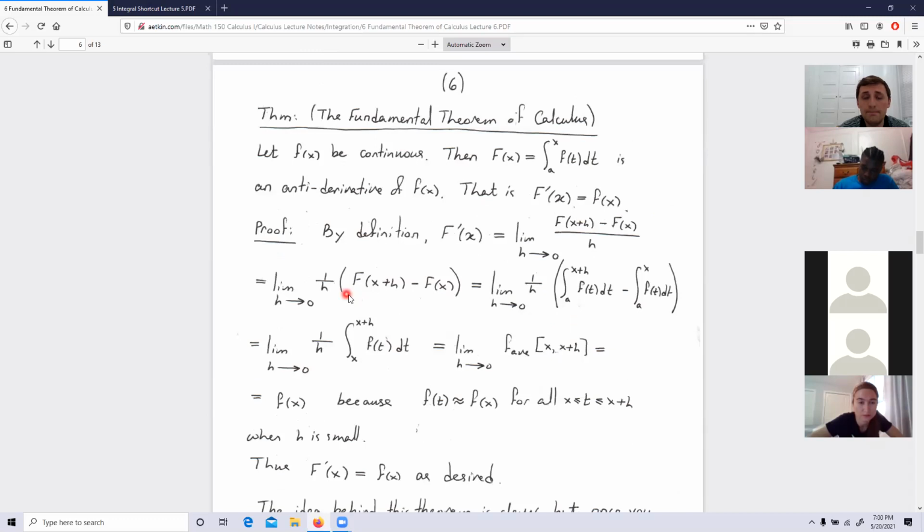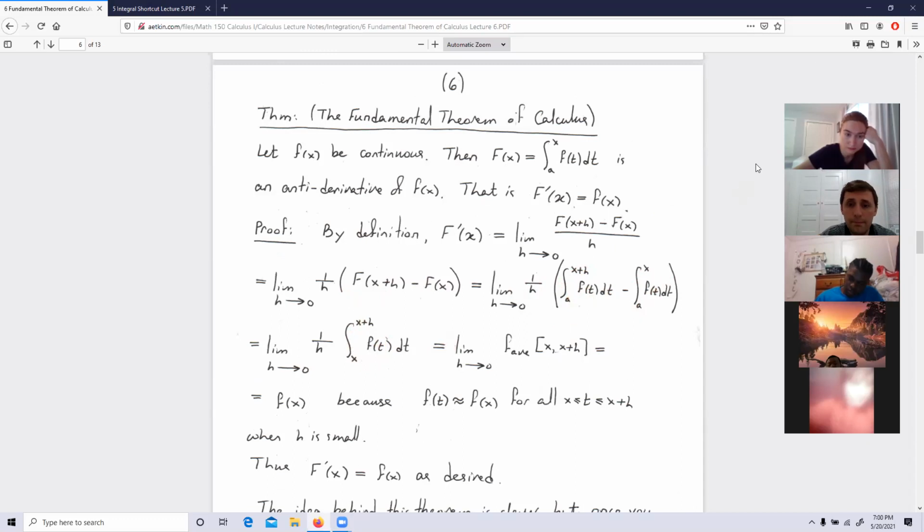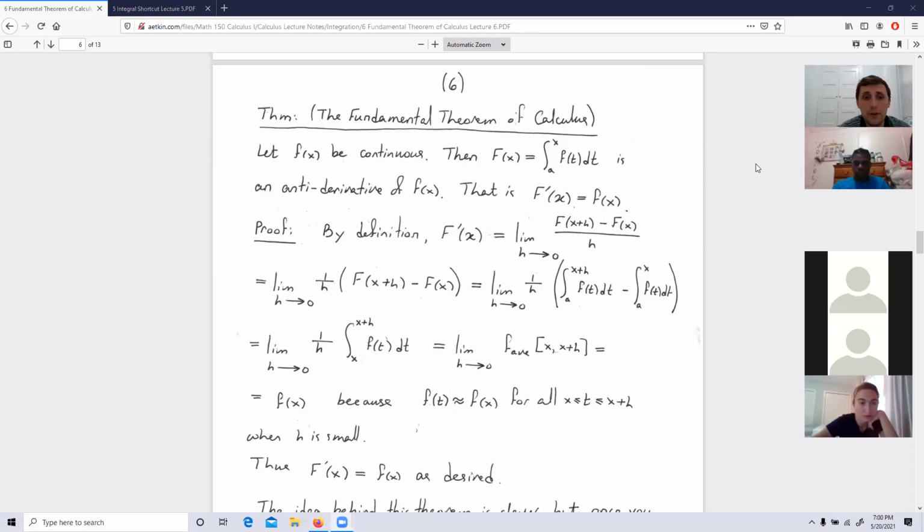Now what happens here? This is 1 over h times the integral from a to x plus h minus the integral from a to x. Do you see that this can be reduced to the integral from x to x plus h of f of t? Guys, are you with me? So everybody understands how I got this step.